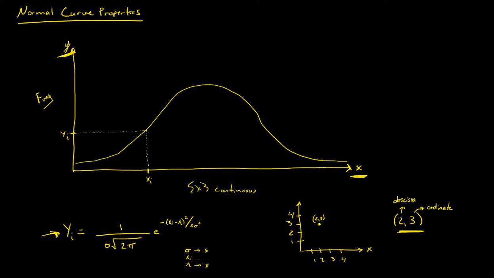So that's the basic formulation of the arithmetic of the normal curve, but it has a couple of basic properties, and that's really the purpose of this video. The first property, or I'll put a bunch of things in the first property actually, but number one is going to be unimodal.